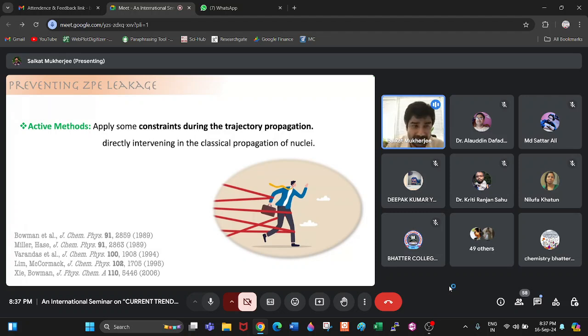So that directly intervenes in the classical propagation of the nuclei. And as you can see from the reference list, those are big names who are already engaged in this type of correction.